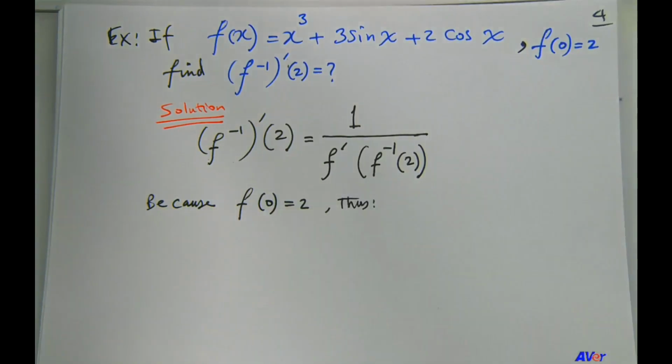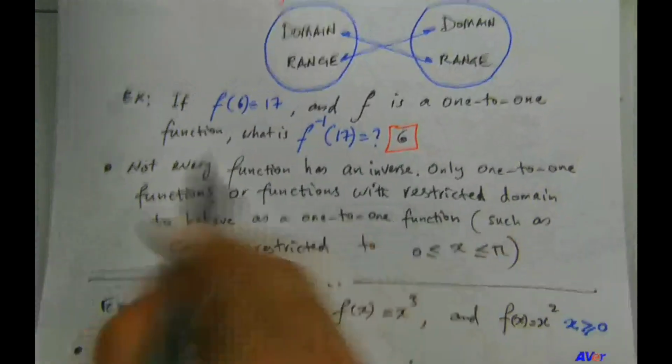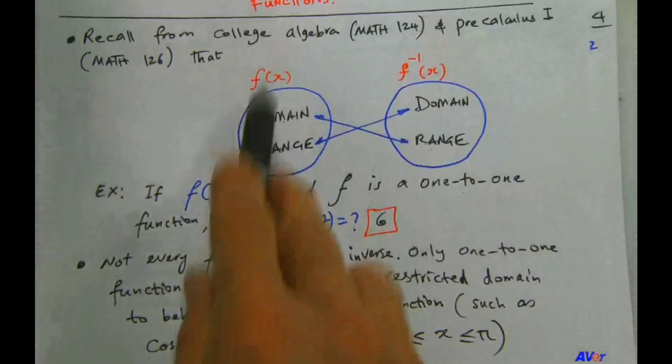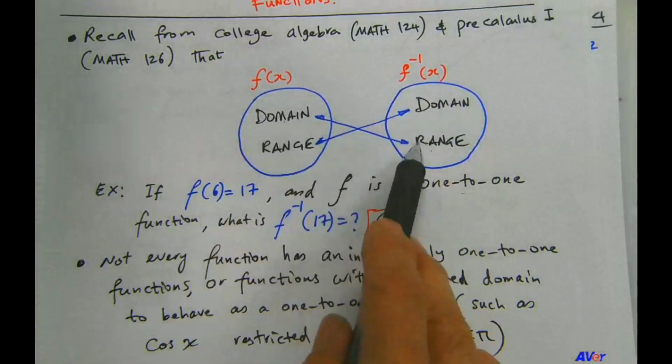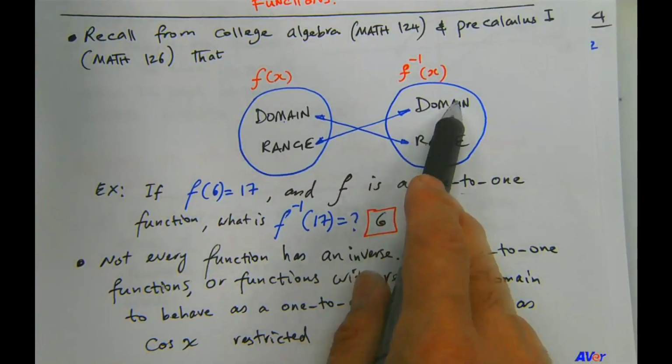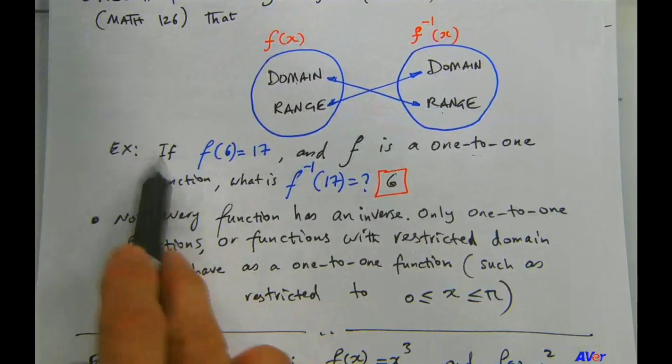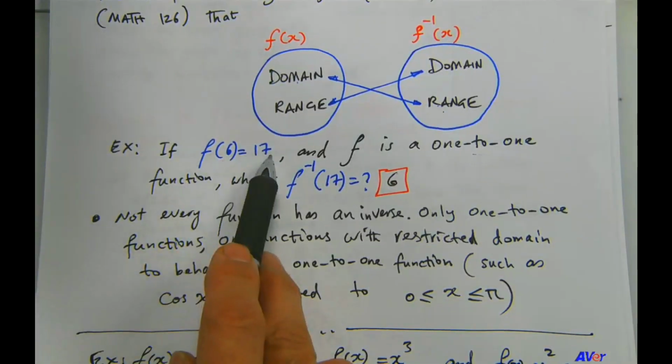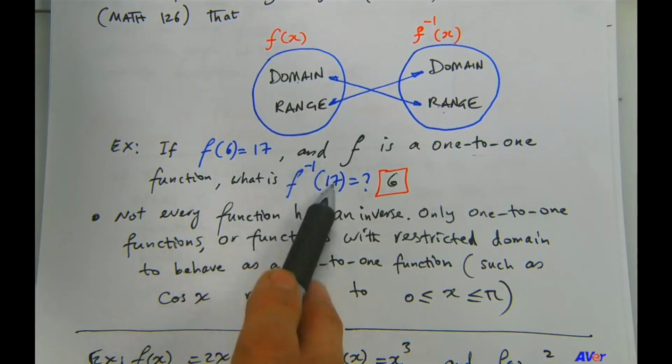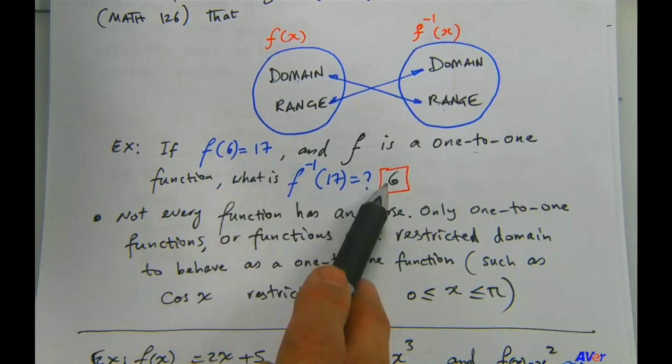The connection between a function and its inverse is that the domain equals the range, and the range equals the domain. The example we gave was: if the function at 6 equals 17, then the inverse function at 17 equals 6.